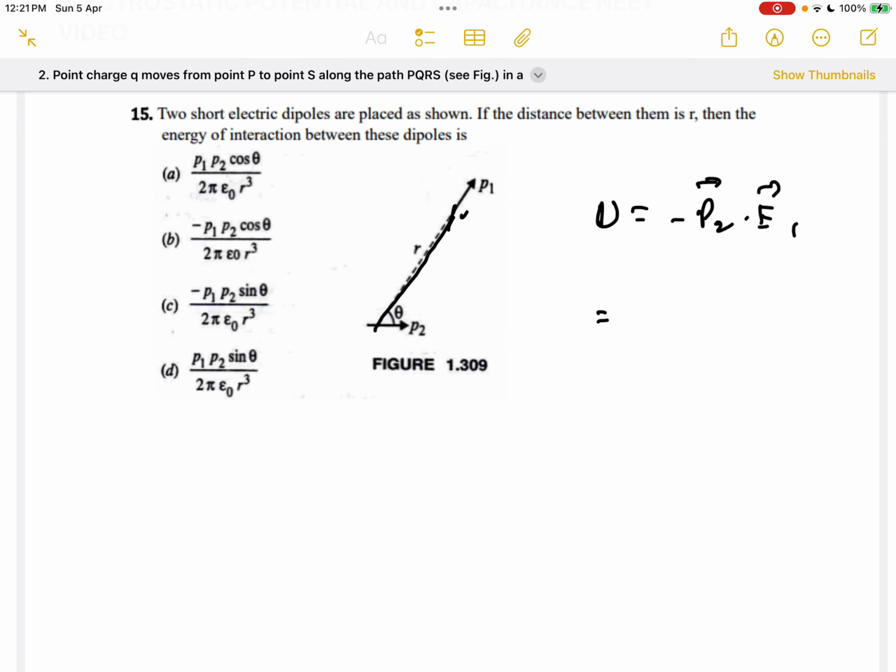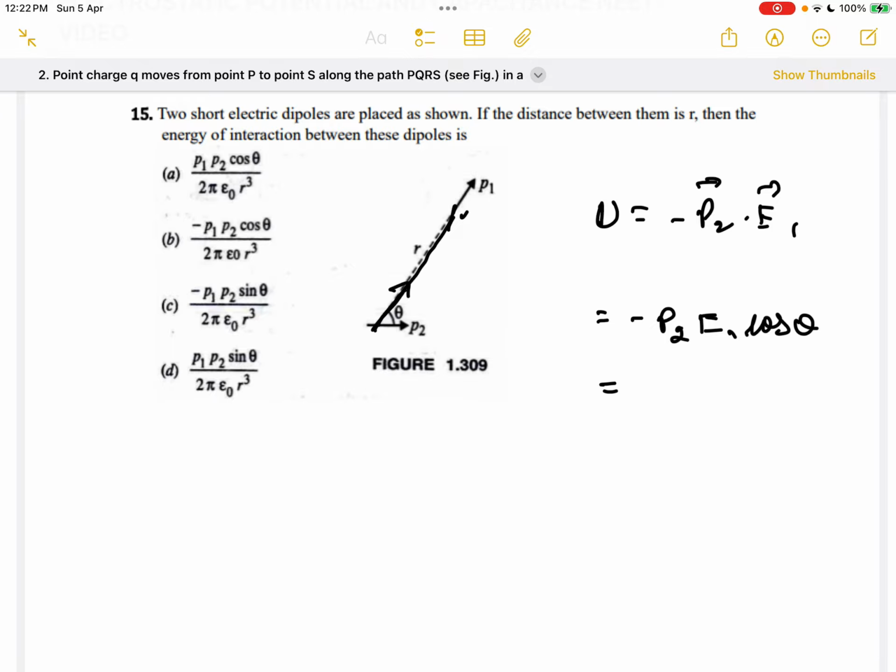When that is the case, you can just say the angle between them is of course theta. So the angle between the two electric fields, because the electric field is in the same direction as the dipole moment on the axial line, is theta. So P2 into E1 into cos theta is what you are going to get.